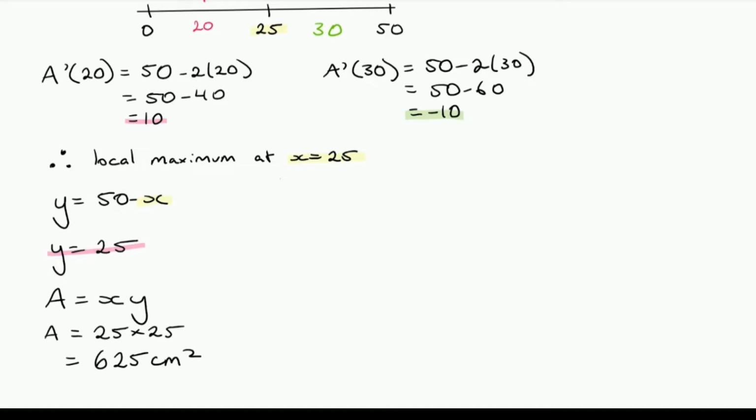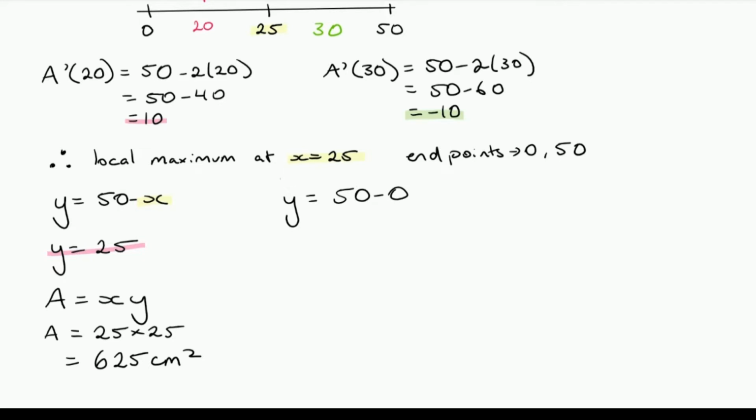And don't forget, I also need to have a look at my endpoints. So let's quickly write down our endpoints. We know we've got the endpoints, and they are at 0 and 50. So I'll have 50 take away 0.